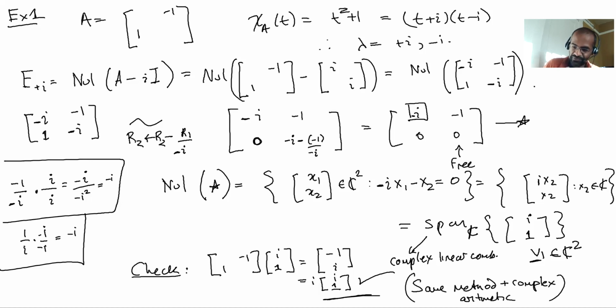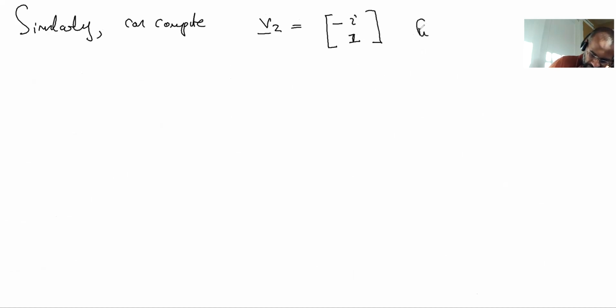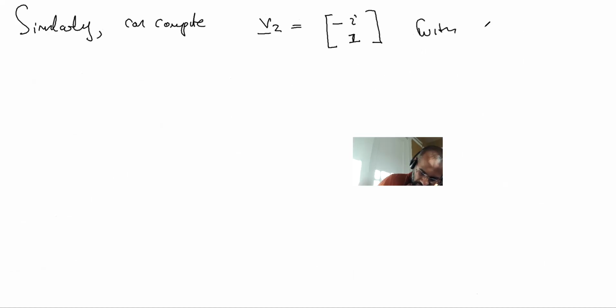Okay, and what about the other eigenvector? So similarly, you can compute the other eigenvector V2, which turns out to be minus i, 1, with A V2 equals minus i V2.